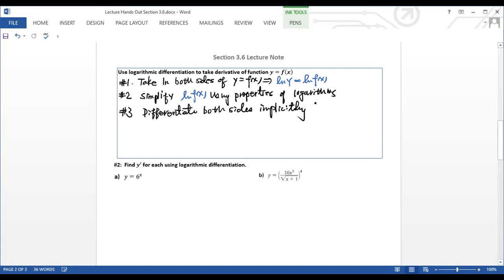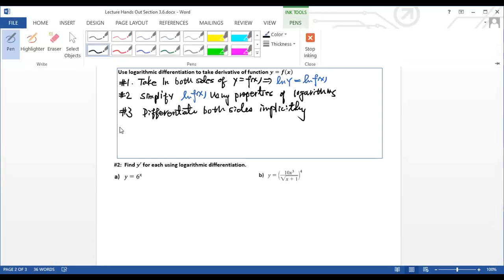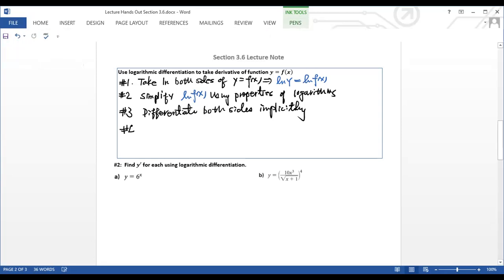Right, remember we talked about the implicit differentiation, right? Then after we do that, then step number 4 here, I'm going to solve for y prime. Okay, so how do I solve for y prime here?